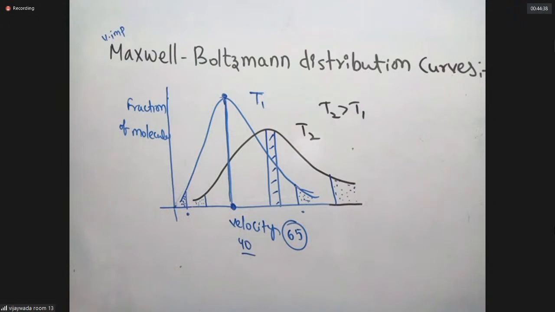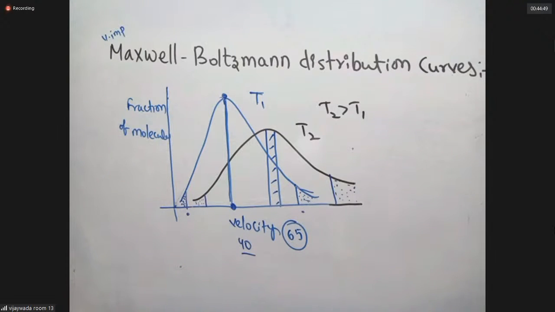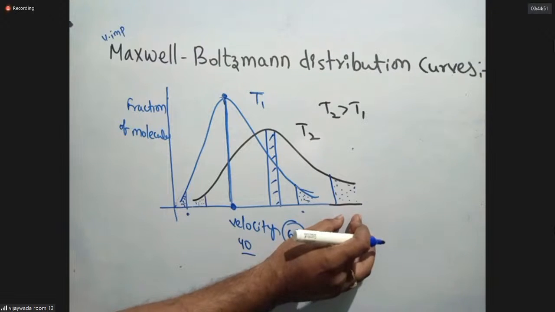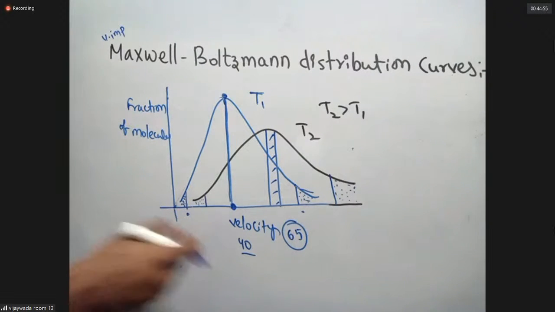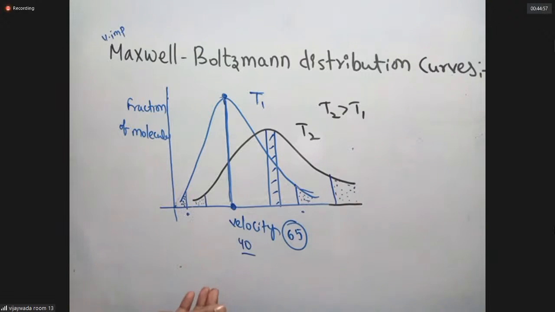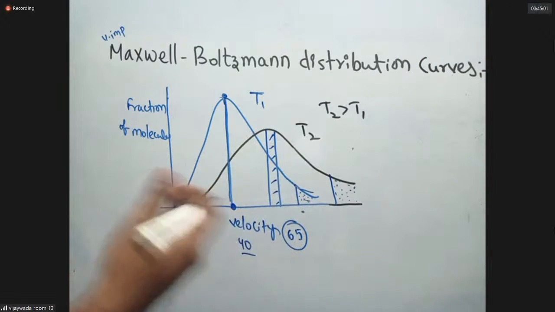But when an in-charge comes and shouts at the students, maybe the graph shifts to the right side. Some students who are not studying will try to study. Then most of the students who are not studying are trying to study.